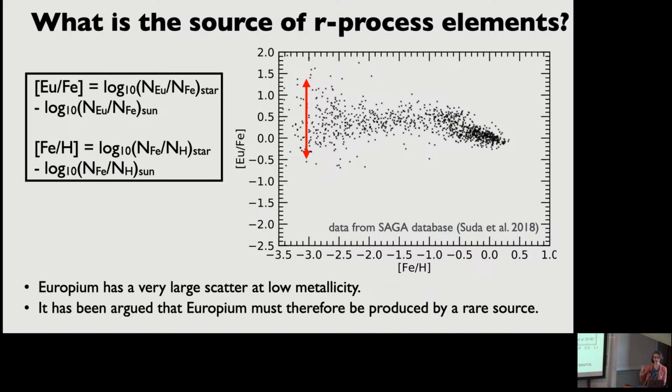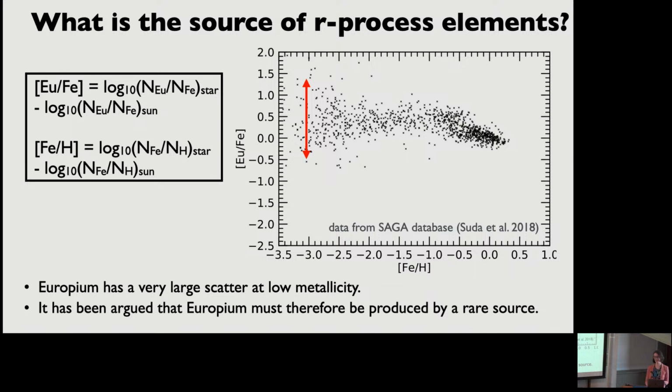You can see that the scatter at low metallicity, these are extremely metal poor stars, is huge, many orders of magnitude. And this has been used to argue quite successfully that europium, which is a very pure r-process element, and then by sort of extension, all rapid neutron capture elements are produced by a very rare source.